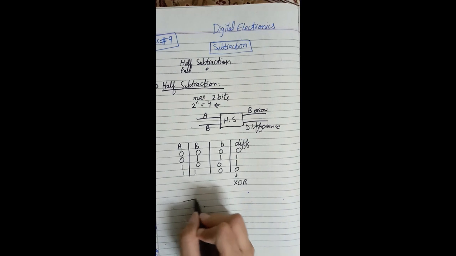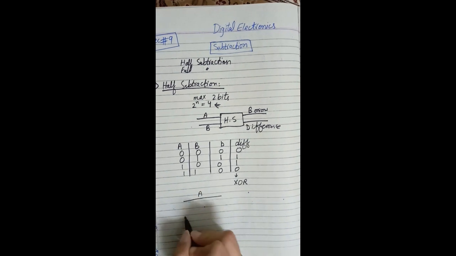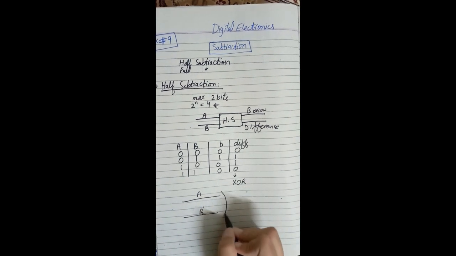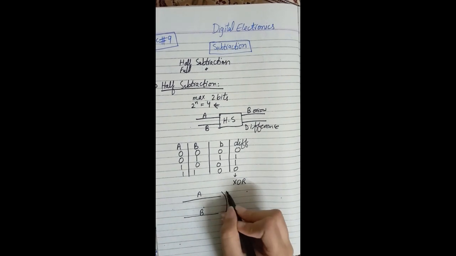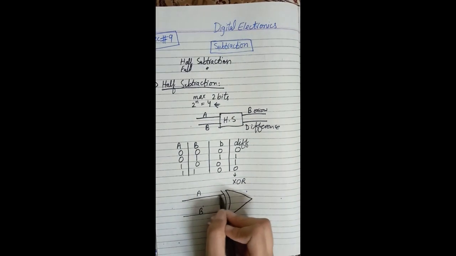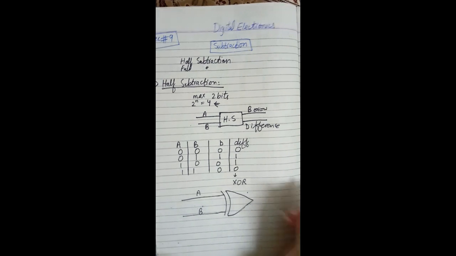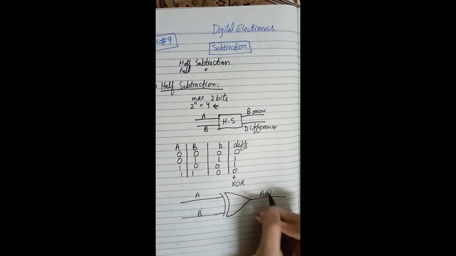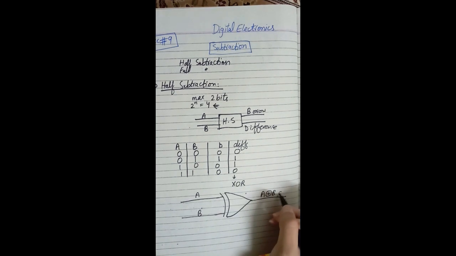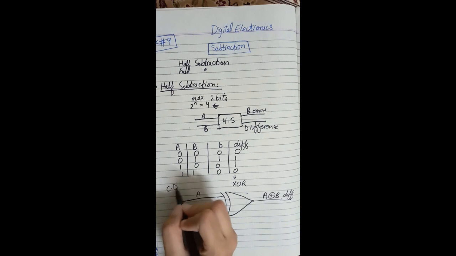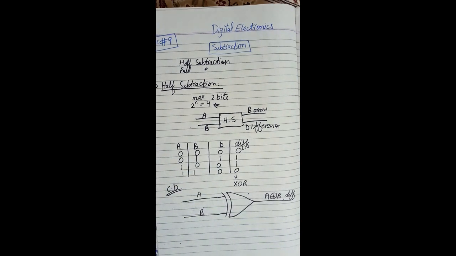It will be like A and B, and we will make our XOR gate symbol. We have studied it before. This is the output A XOR B, which is the difference. This is the circuit diagram for the difference.